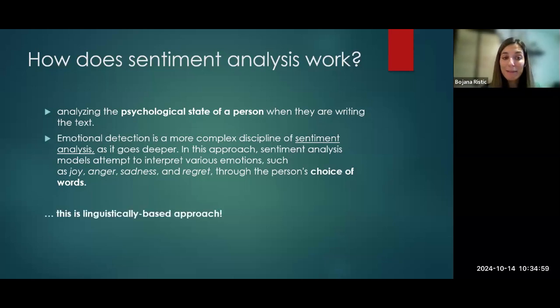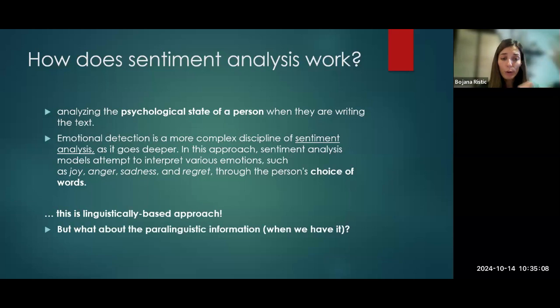But this is still with the linguistic information, as I said. So looking at the words being used. What about all those paralinguistic information that I told you? So the pitch, the intonation, the pauses, the tempo, the enunciation, etc., the volume of the voice. This is still all very informative for us.